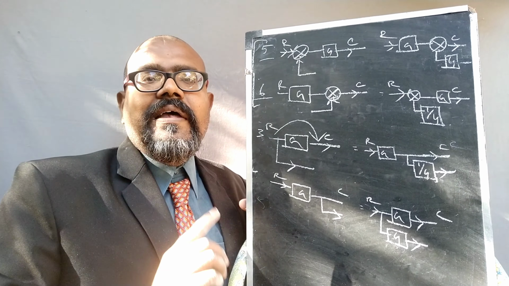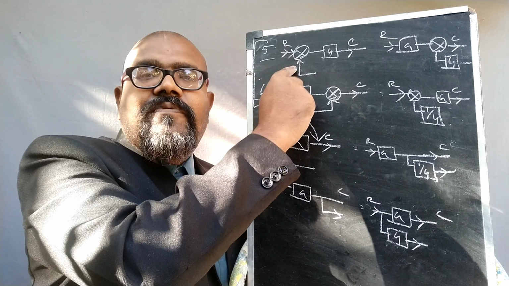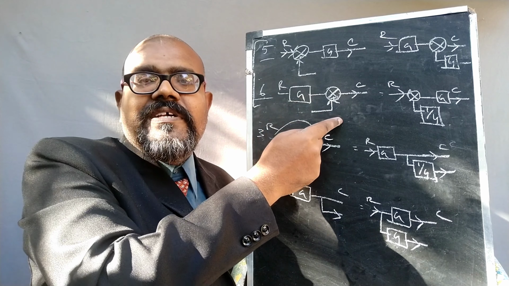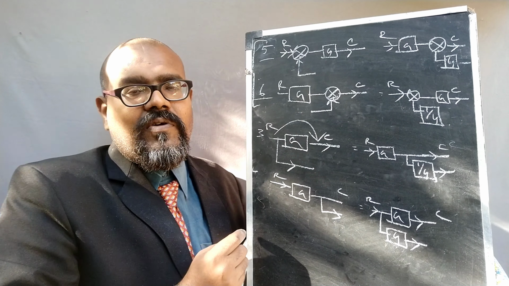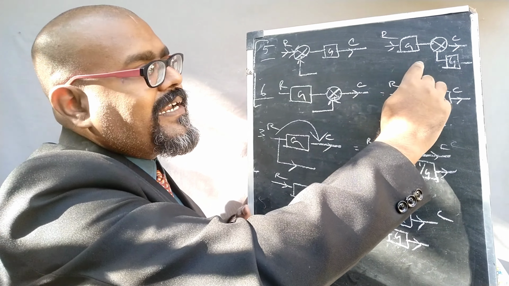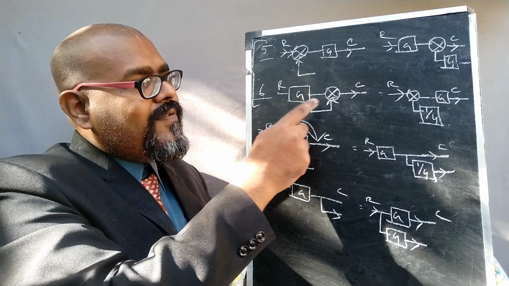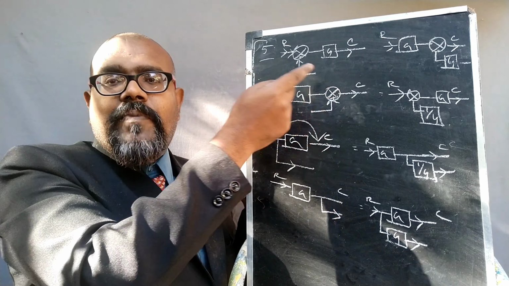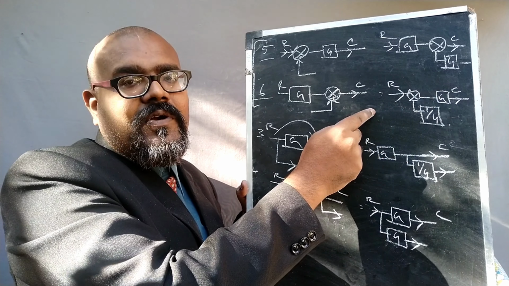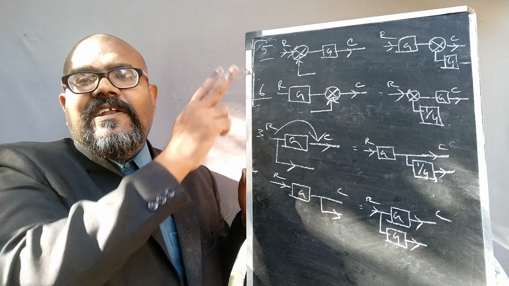If you want to move the summing point ahead of the block, then you need to multiply the block over which you are moving it. If you want to shift the summing point behind the block, then you reciprocate the block over which you are shifting it. Okay, that is the thing you need to follow. You just see that the branch point and the summing point rules are straight opposite.